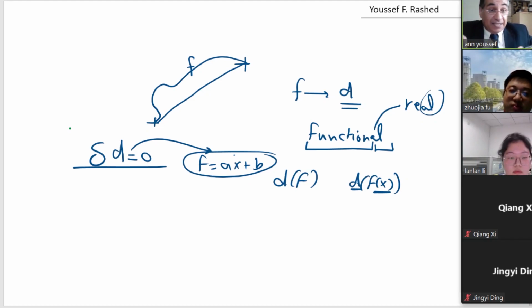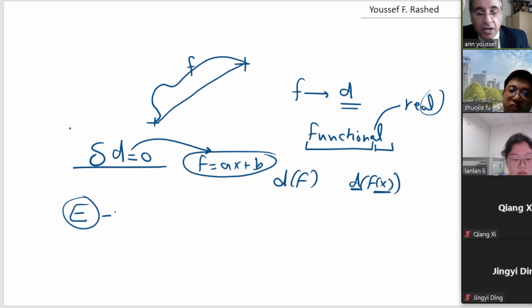In mechanics, we find that when we compute the strain energy, it has nothing to do with equilibrium. The strain energy is the integral over the domain of one half sigma ij times epsilon ij.